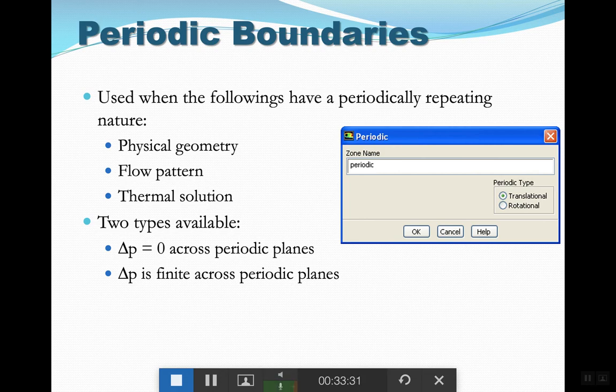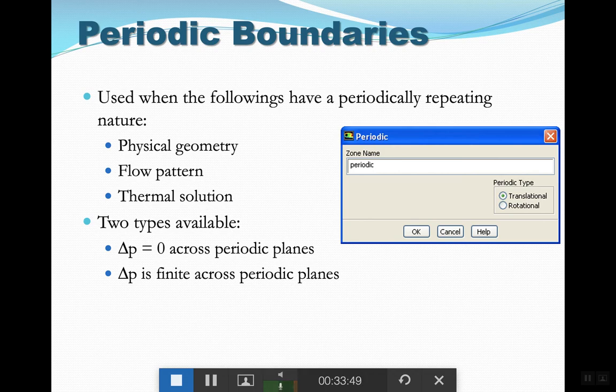Periodic boundary conditions are the best way of doing that, but given the right condition. They are used when the following have a periodically repeating nature.